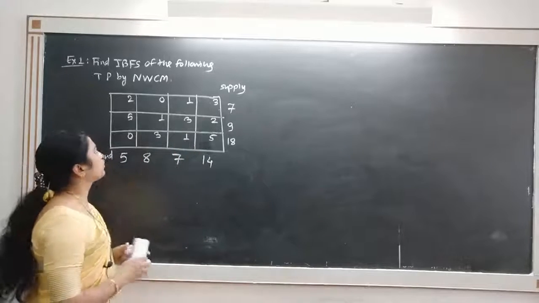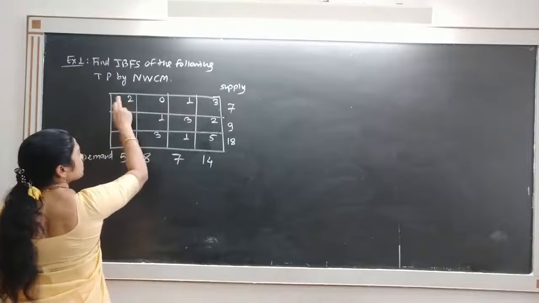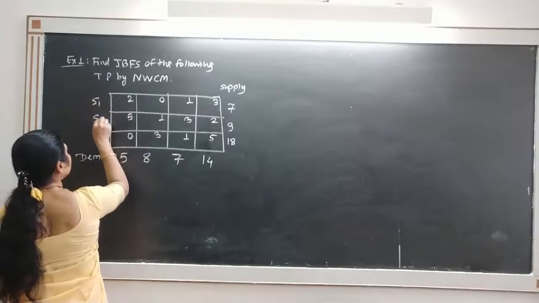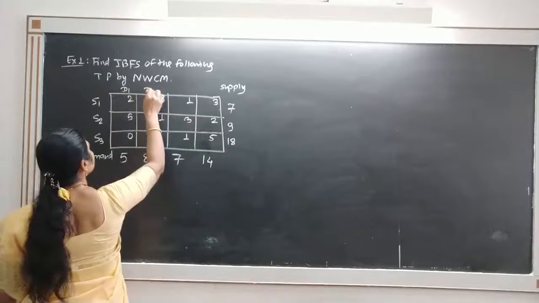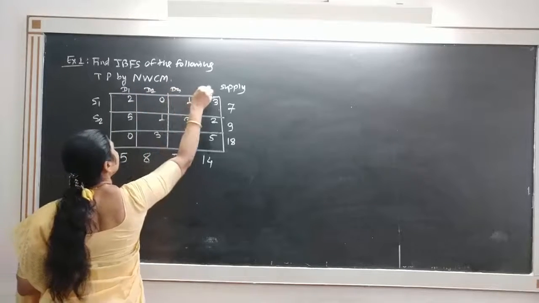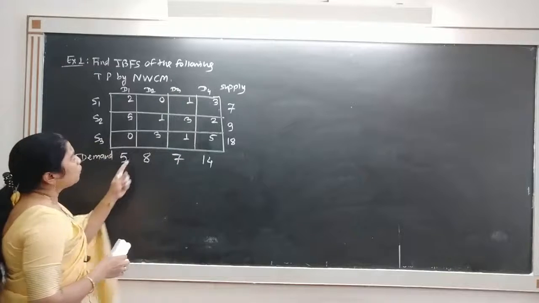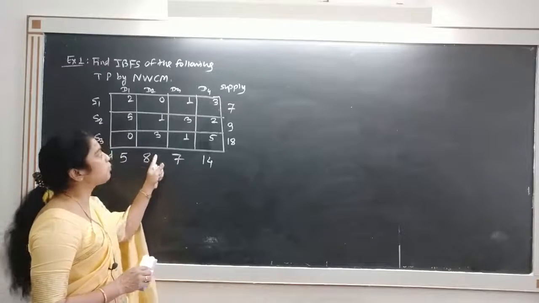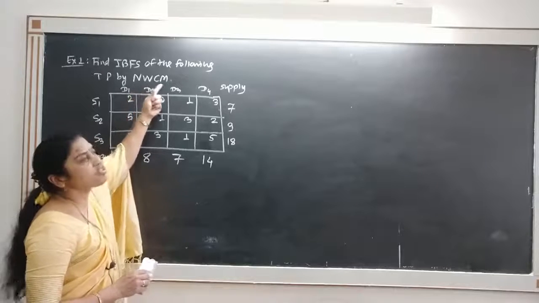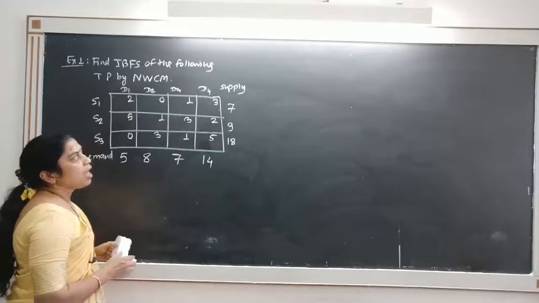Consider the transportation problem. Sources and destinations are given. We will say these are the 3 sources and there are 4 destinations, D1, D2, D3, D4.